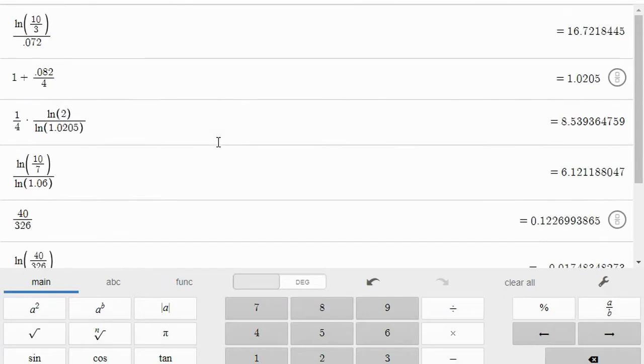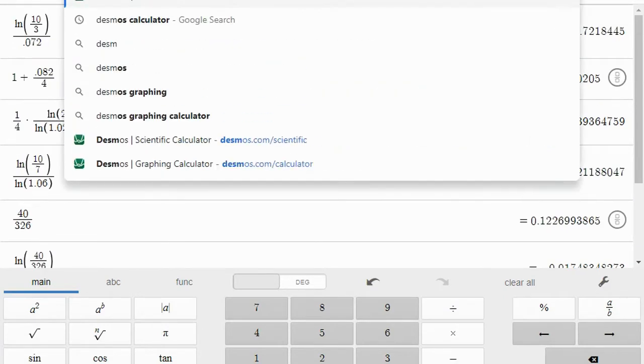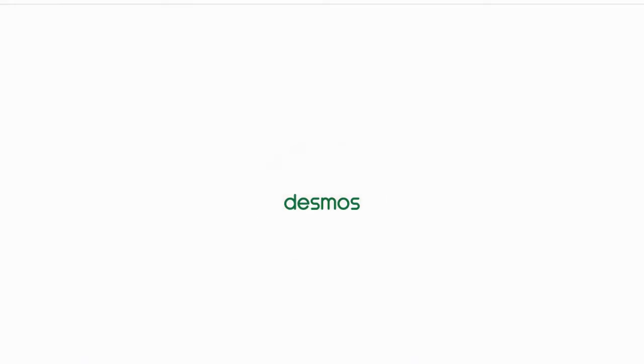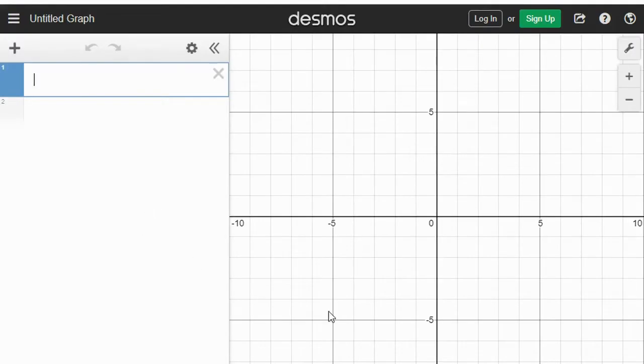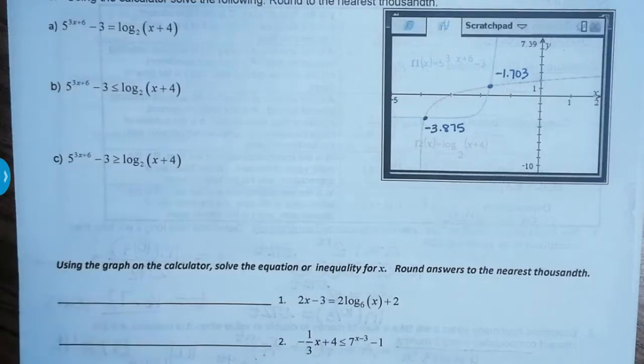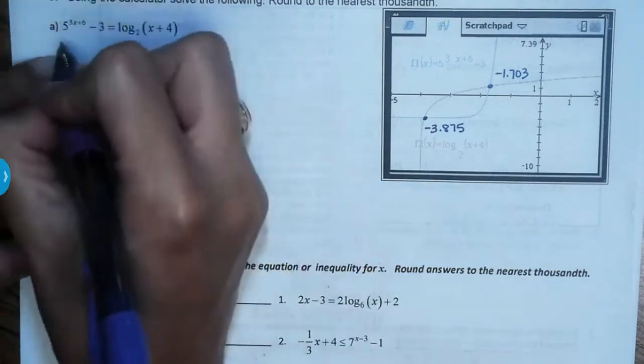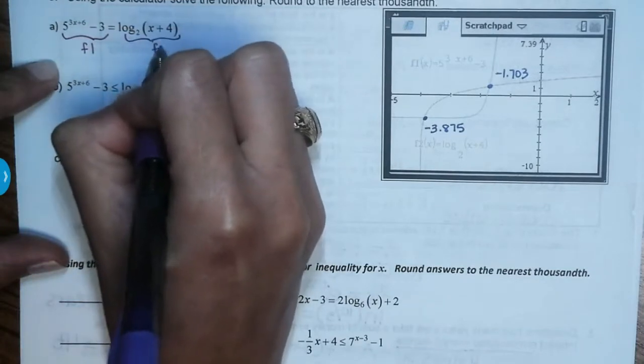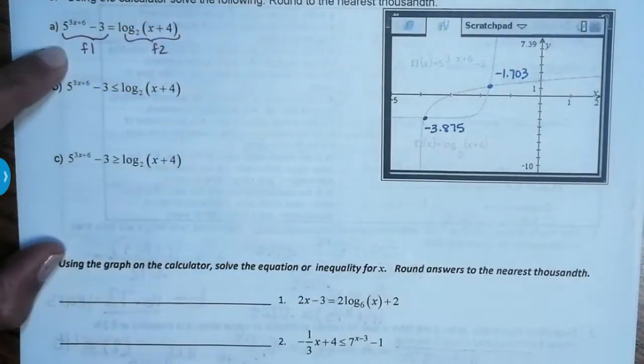we need to go to a graphing calculator. So, Desmos. I'm going to go to the graphing calculator this time. Okay, and we're still going to graph it. We're still going to do this under the first equation, F1, and then this one under F2. So let's graph 5 raised to the 3x plus 6 minus 3.